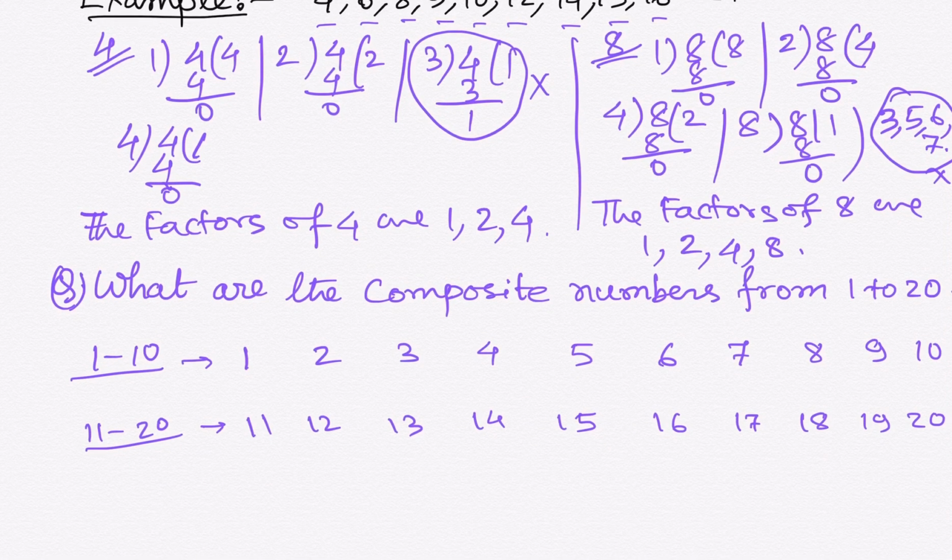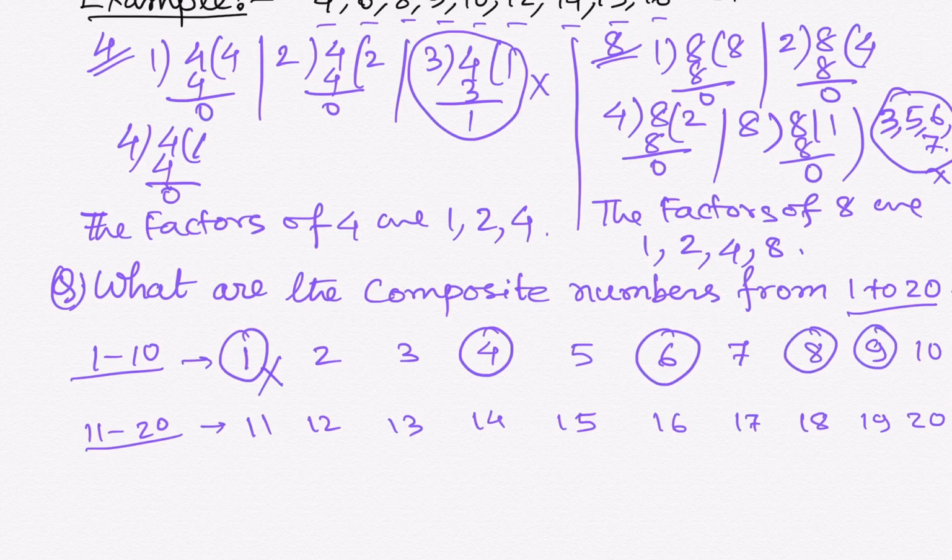Now next, what are the composite numbers from 1 to 20? In the range 1 to 10, 1 is not a composite number, so we will not count it. 2 is not a composite number, 3 no, 4 is a composite number, yes, 6, 8, 9, 10.